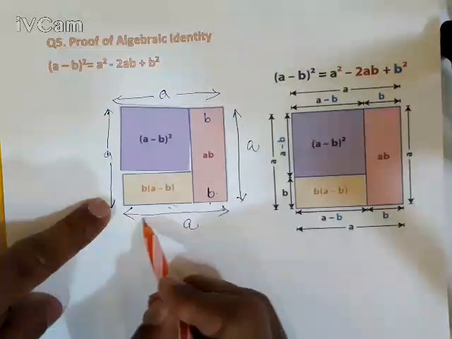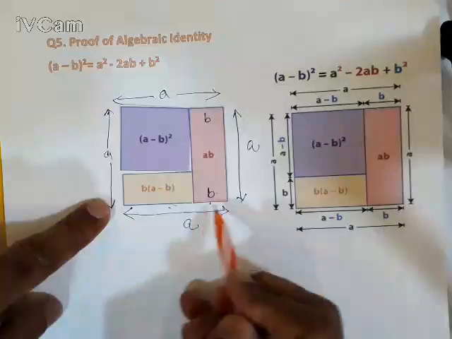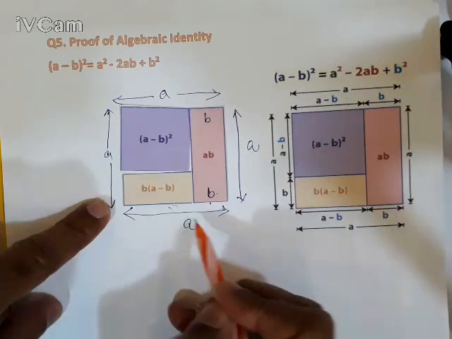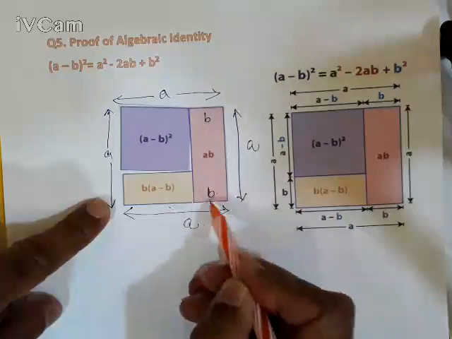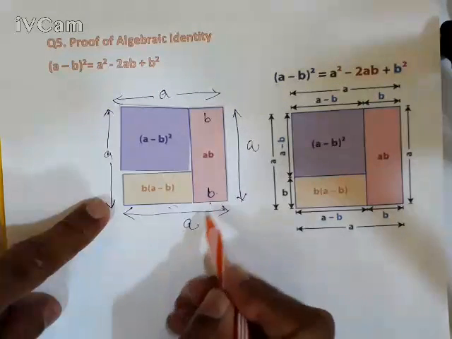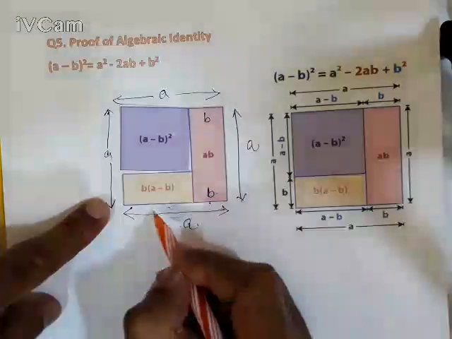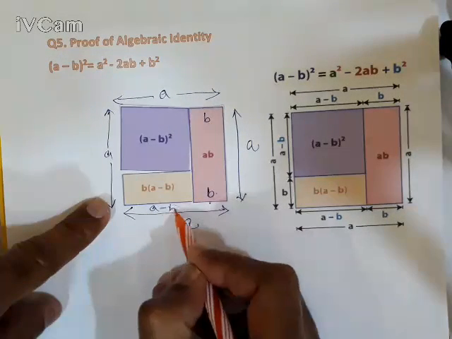As we know that the length of this complete square is small a, so we will subtract this smaller portion of the rectangle, and the width will be b. So if we subtract this b from the whole length of the square, we have a minus b.